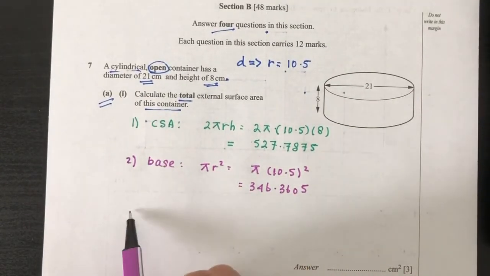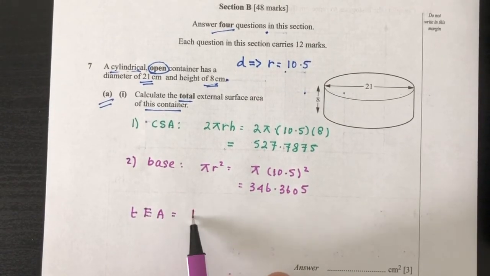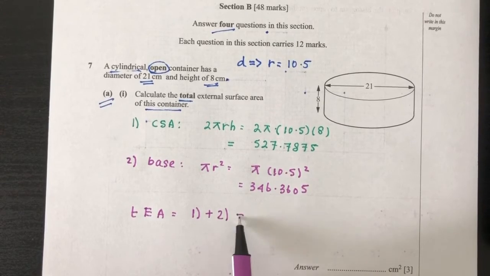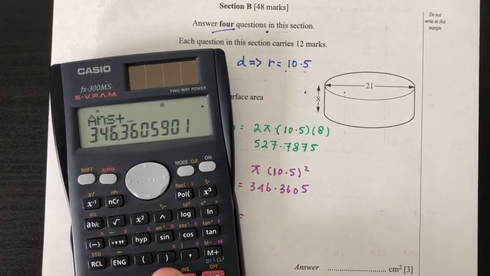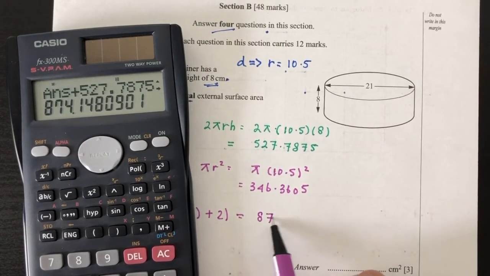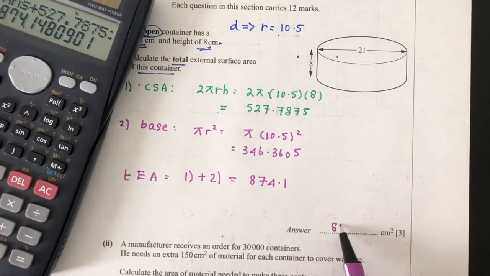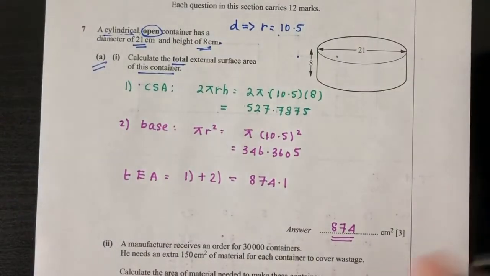Now, of course, the total external area is equal to number 1 plus number 2. 527.7875 plus 346.3605 should give you 874.1, which will be 874 correct to 3 SF. That is the area of the cylinder.